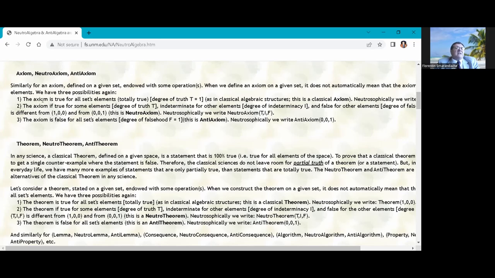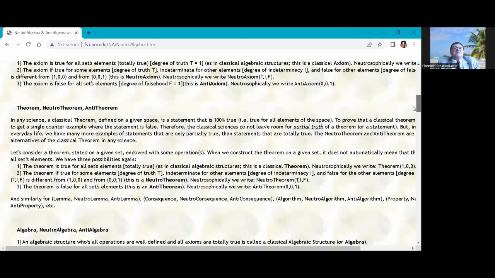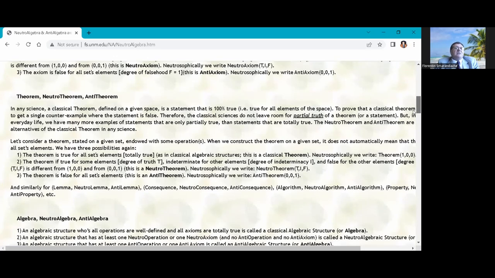In our everyday life, that's not true. It's only partially true. Axioms are only partially true and apply only to a small segment of elements from the space, or apply to the individuals of the space but in different degrees, not the same degree to all of them.